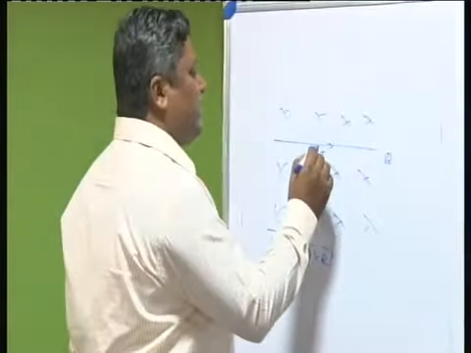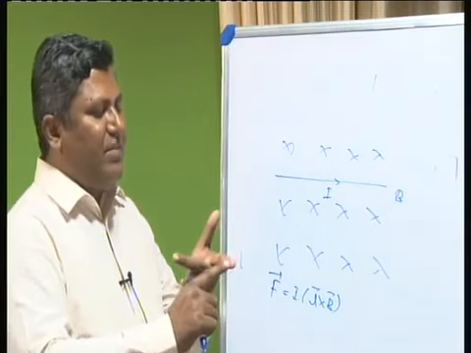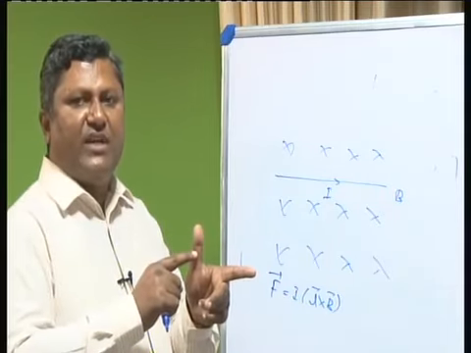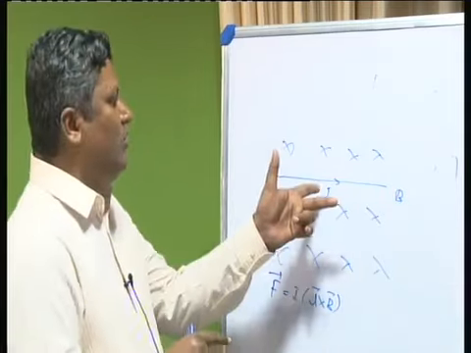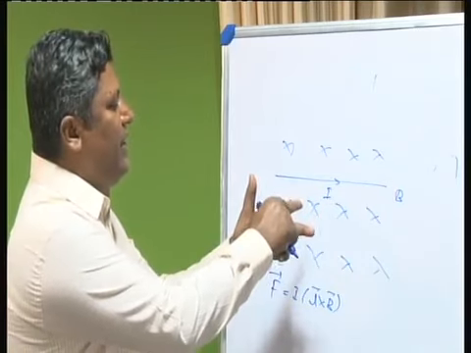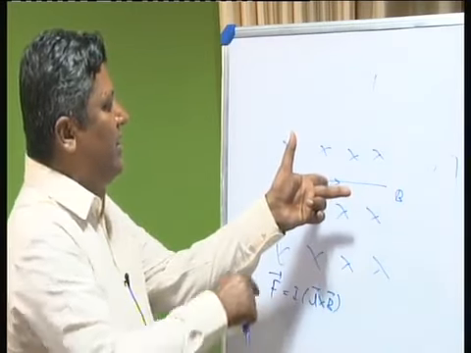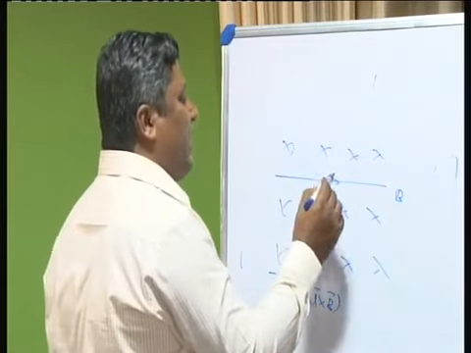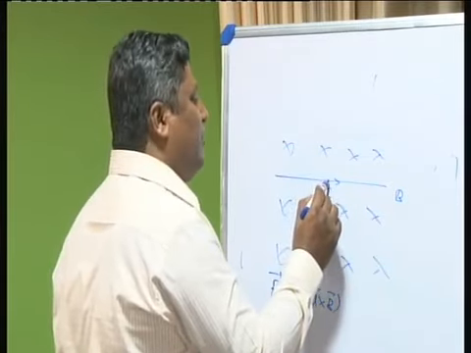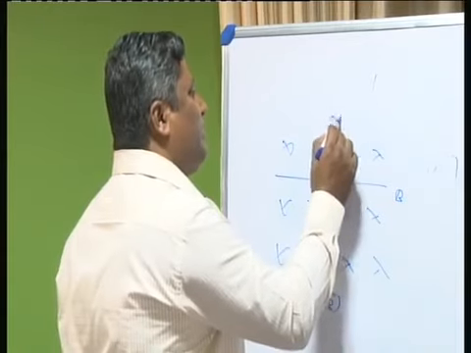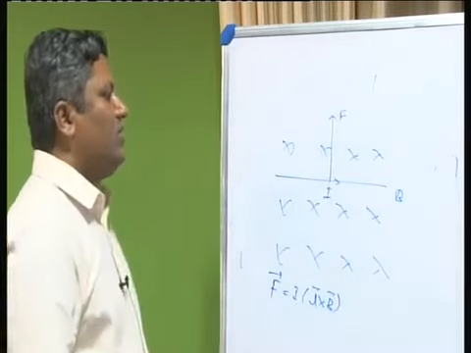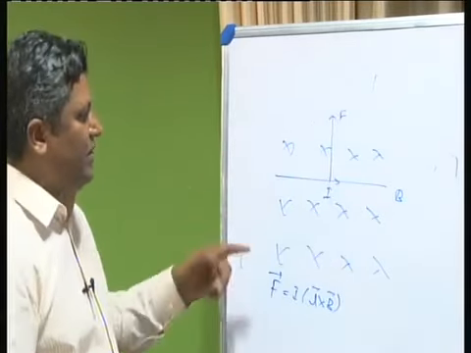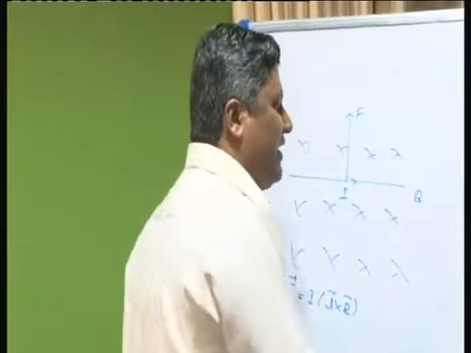We know that if this is the direction of current and this is the direction of magnetic field, then this thumb gives the direction of magnetic force. So now you fix the direction of field and direction of current. Now you can see force is acting in the upward direction. So this is the direction of force, and as I said, it must be shown at the position of the center of mass. So this is the expression of force on a straight conductor. But now we will discuss how to find the expression of force on a curved conductor.